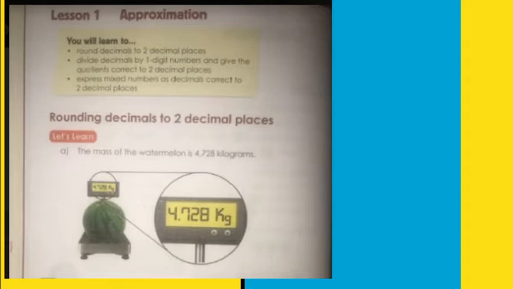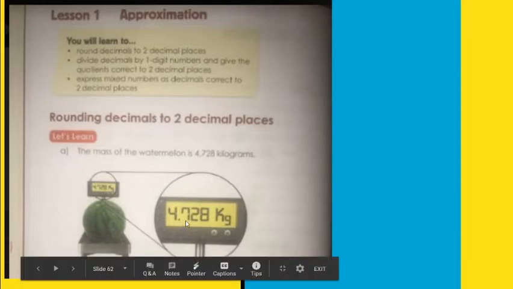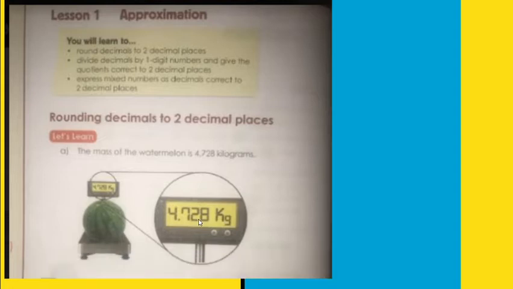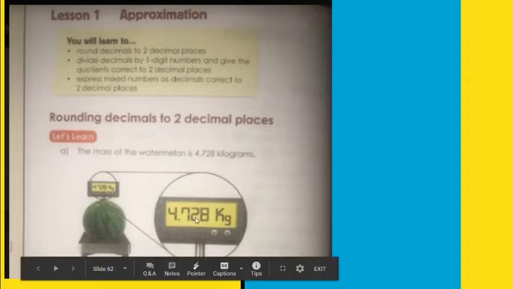For example, you've understood that decimals are parts of numbers. They are portions of a whole number. So for example, we have this decimal on the screen, which shows us 4 and 728 hundredths of a number, right? So this is not 4,728. This is 4 and 728 thousandths of a kilogram.